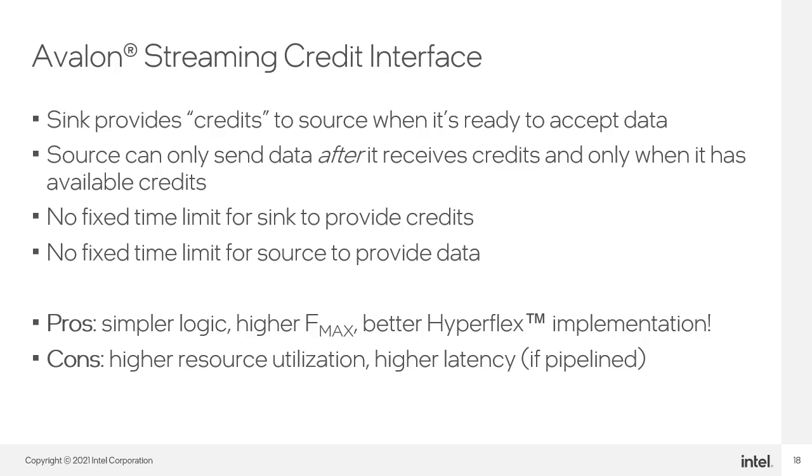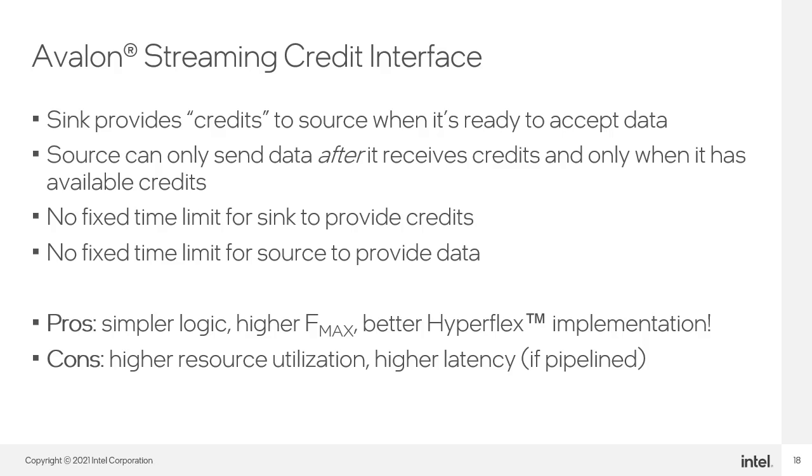The source can only send valid data out after it receives these credits and only as long as it has available credits. A credit is consumed for each data transfer, and the source needs to keep track of the credits it's been allocated. With this setup, the sink can provide credits at any time, and the source can use any credits it has to transfer valid data at any time.